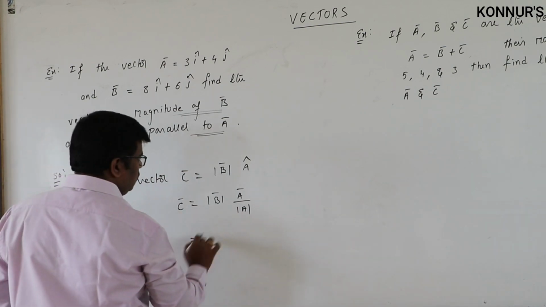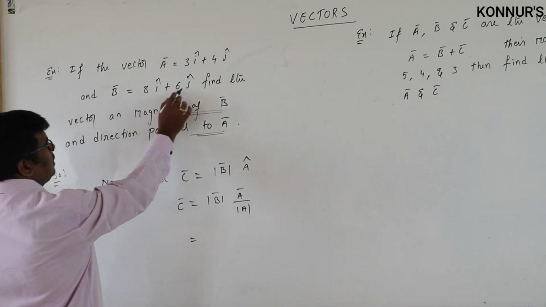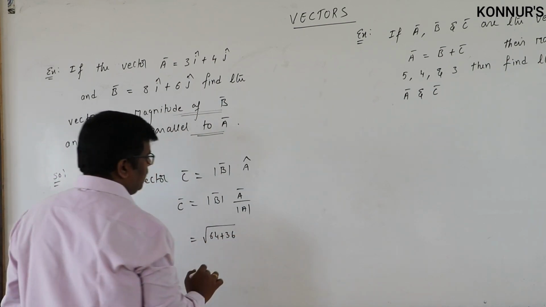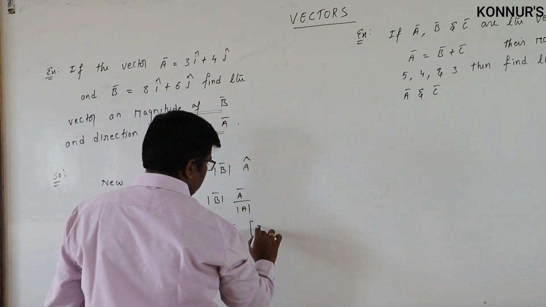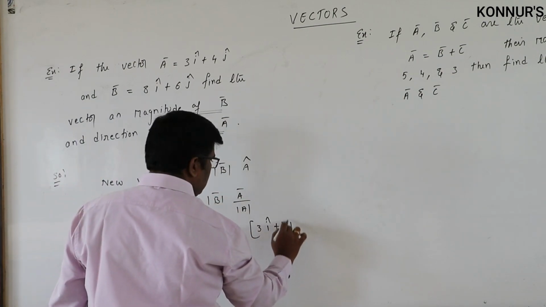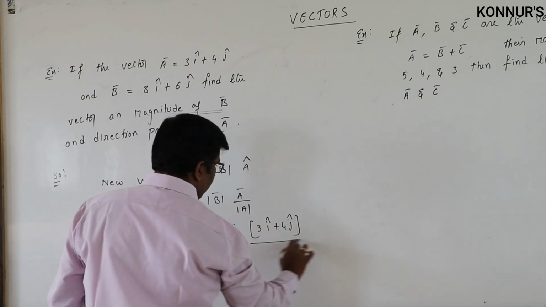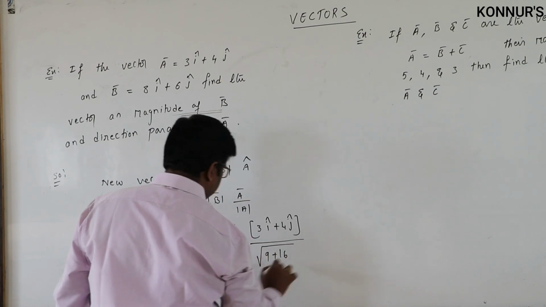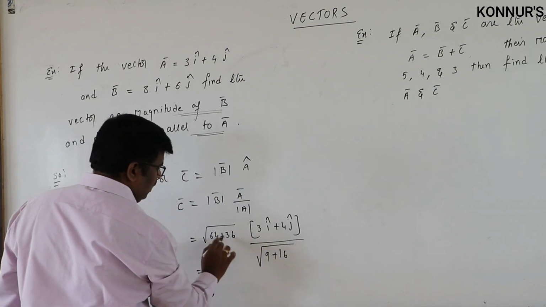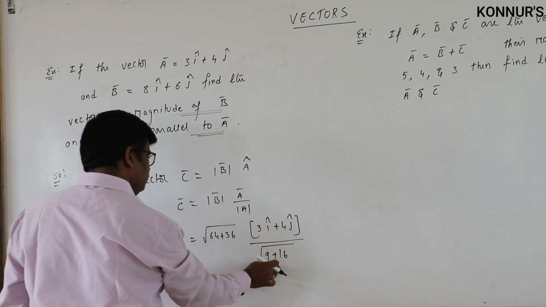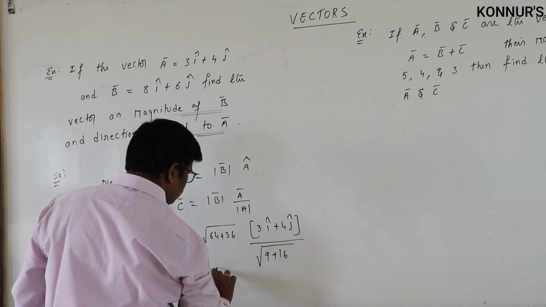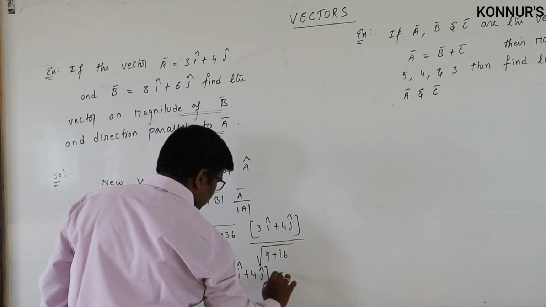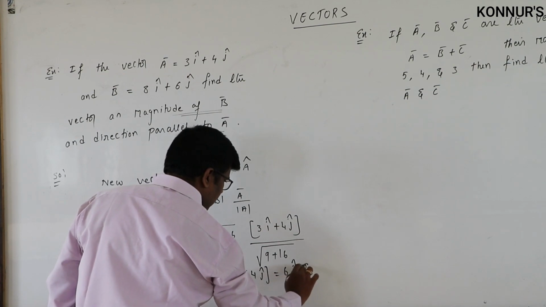Then what is the b bar magnitude? 8i plus 6j, so it is the root of 64 plus 36, which is 10. And a bar is 3i cap plus 4j cap, and the magnitude of a is the root of 9 plus 16, which is 5. So 10 by 5 is 2, so 2 into 3i cap plus 4j cap equals 6i cap plus 8j cap.